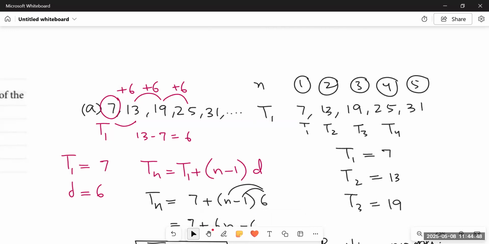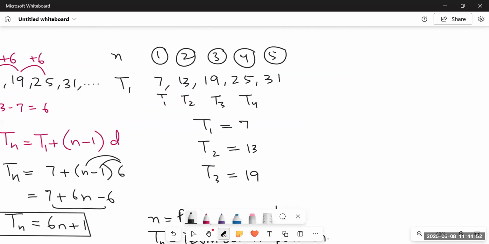So using this formula, we can find any nth term. Like if n is equal to 10, what would be T10, right? They are telling me the position number, and I am asking for the term at the 10th position. So how can I find it out?